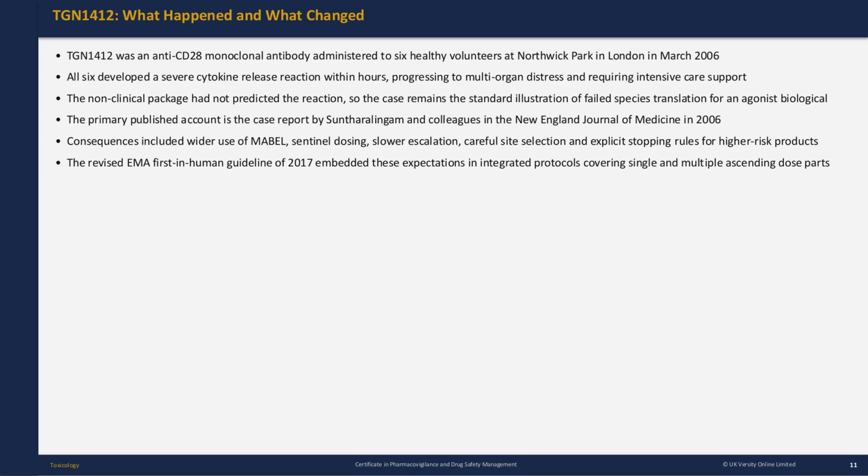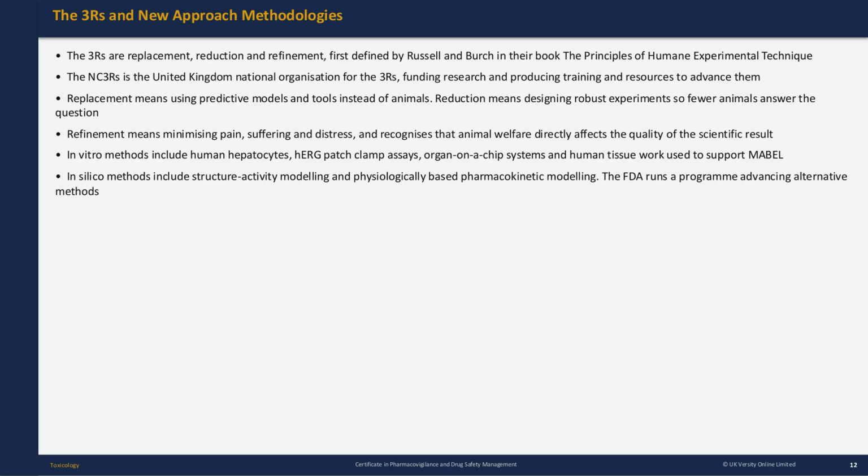The 3 Rs and new approach methodologies. The 3 Rs are replacement, reduction, and refinement, first defined by Russell and Burch in their book The Principles of Humane Experimental Technique. The NC3Rs is the United Kingdom National Centre for the 3 Rs, funding research and producing training and resources to advance them.